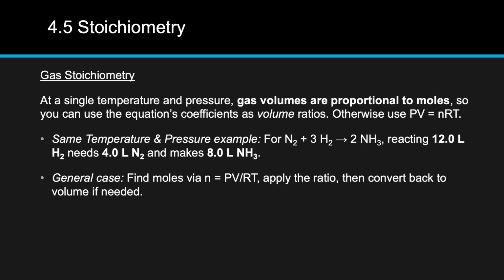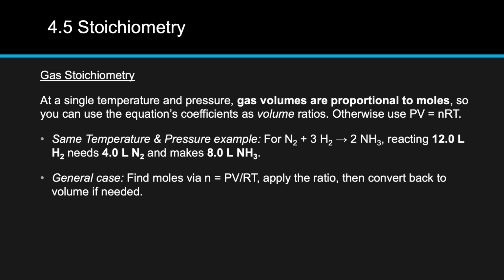All right, now let's talk about gas stoichiometry. So if your chemical reaction is at a single temperature and pressure, the gas volumes are going to be proportional to the mole ratios. So you can use the volumes the same way you would converting with moles.